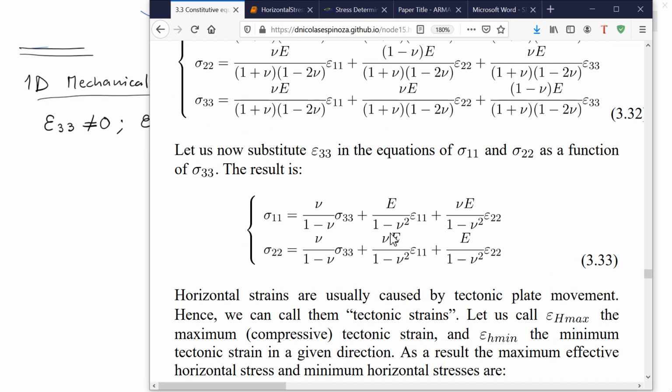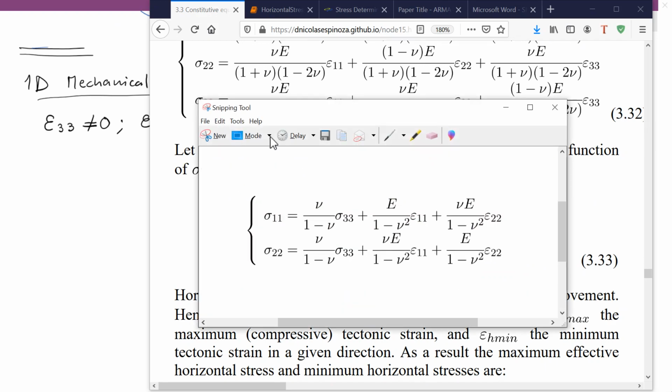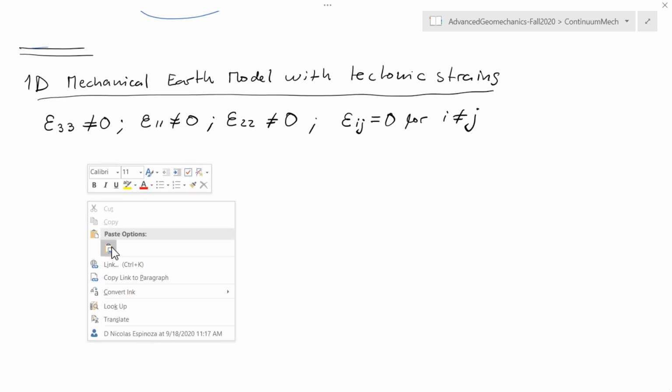Let me copy this and paste it into my notes, and we'll continue with the discussion.